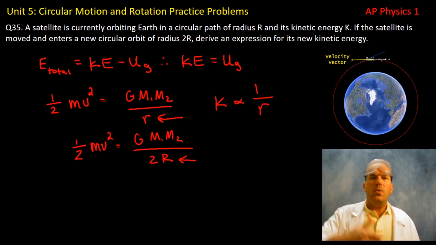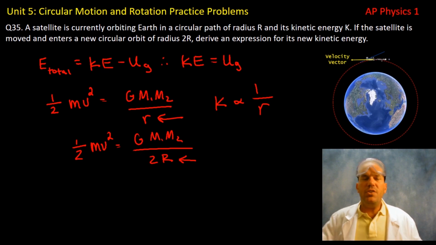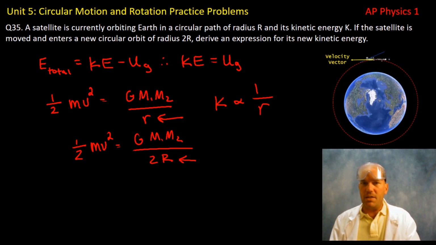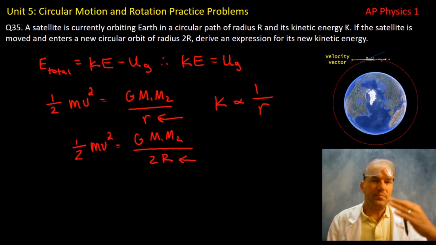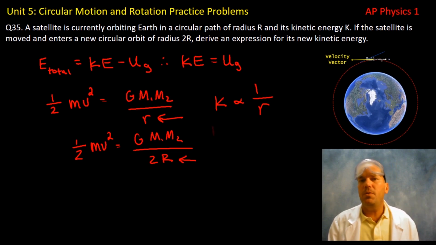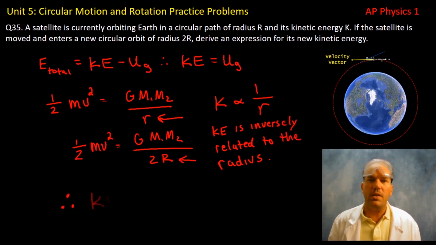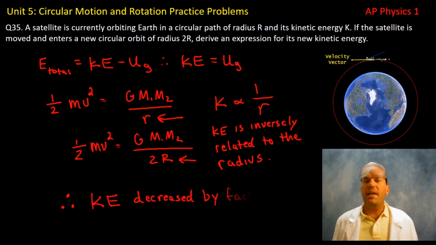As r goes up, kinetic energy goes down, and it is not a squared inverse relationship. It's just simply an inverse relationship. So if the radius goes up 2 times, then we're going to see the kinetic energy is going to go down 2 times. It's that easy.